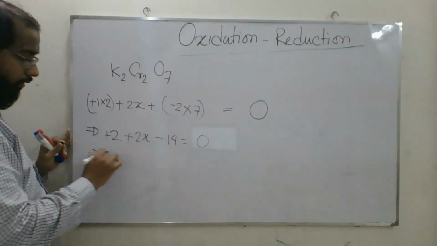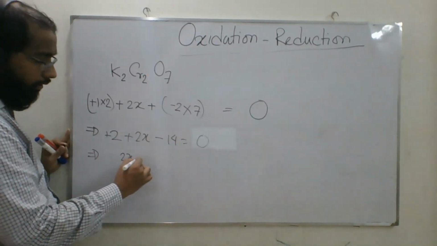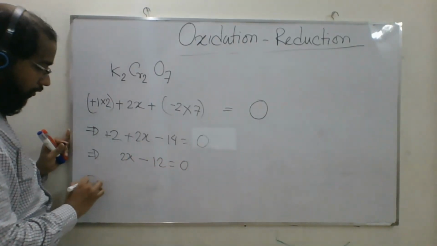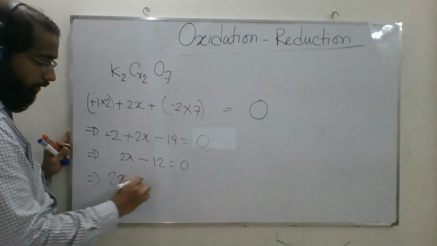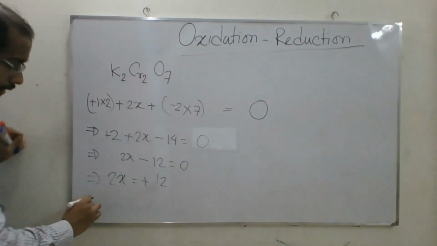Now we can write 2x minus 12 equal to 0, or 2x equal to +12 if we send it to this side.